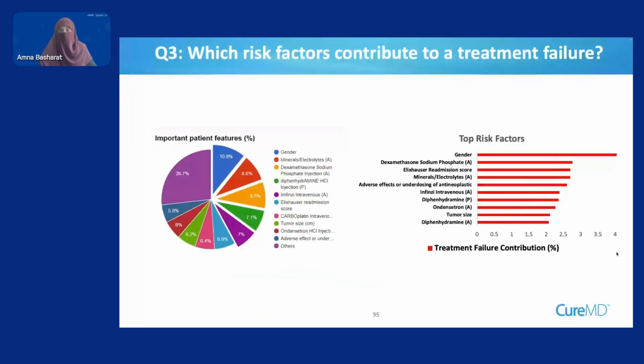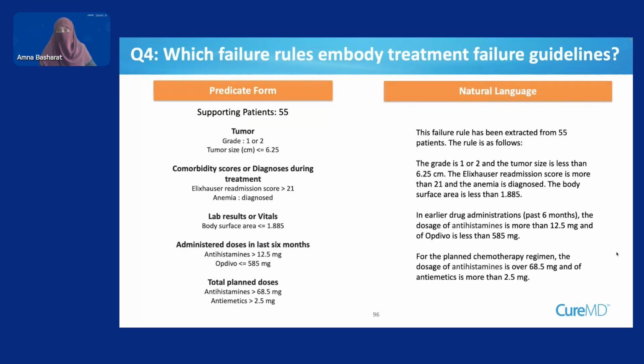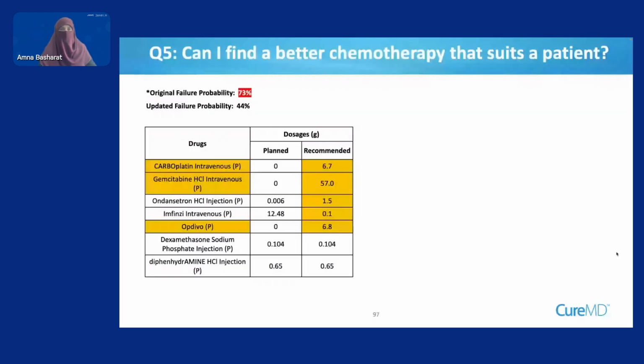Then it is also able to provide explanations about what the important patient features or risk factors are that are contributing to the treatment failure. And then it also provides explainable decisions in the form of failure rules, which allows making informed decisions.